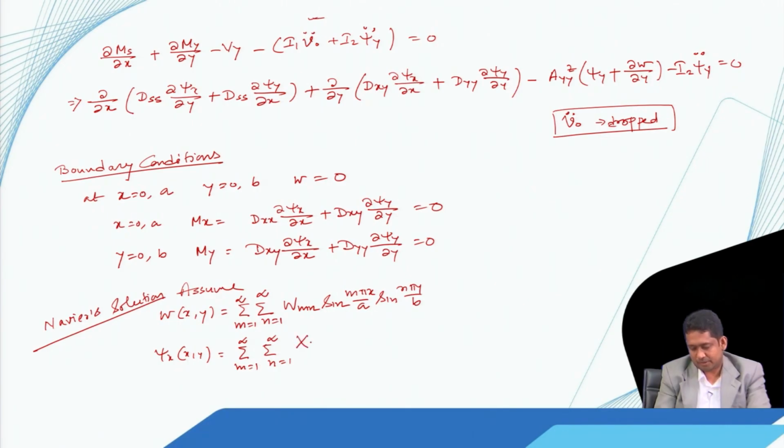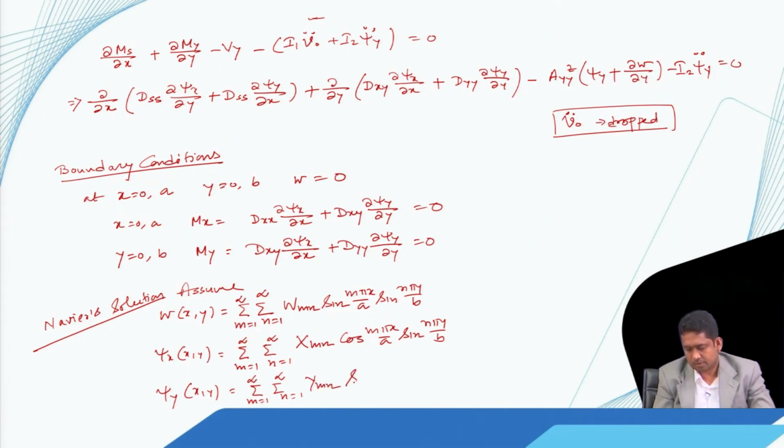And for that we bring a new constant capital Xmn that is associated with psi x, and psi x becomes a function of this type, cosine m pi x by a into sine n pi y by b, and psi y, let us assume it to be a cosine sine function: sine m pi x by a and cosine n pi y by b.